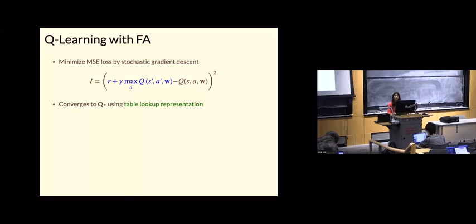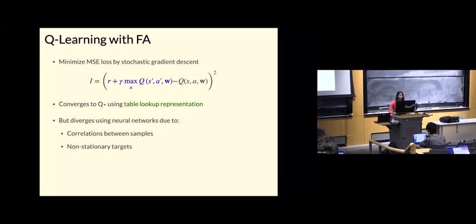This is what we discussed in the previous lecture when we talked about tabular Q learning. This indeed converged. Now, the truth is that if you try to do exactly the same with neural networks, with functional approximation, things don't converge. Why? For two reasons, which you guys have hinted on both of them.